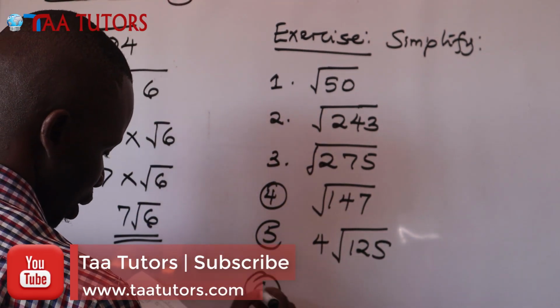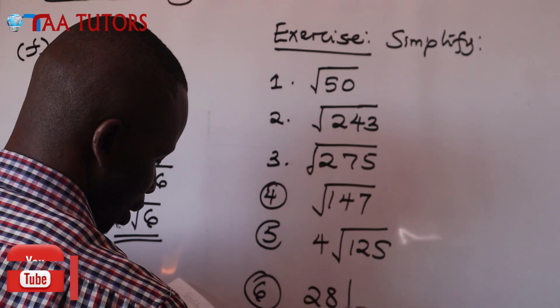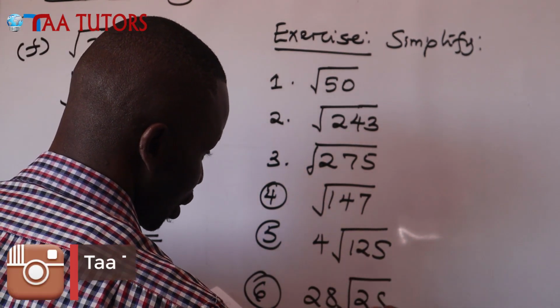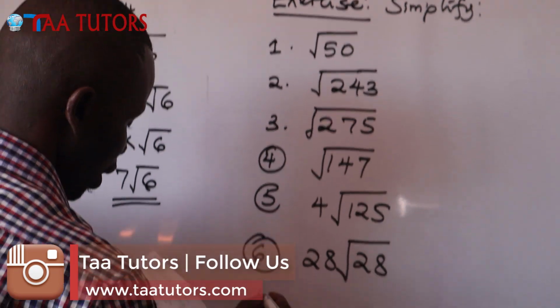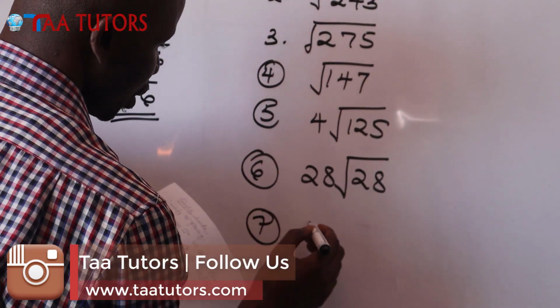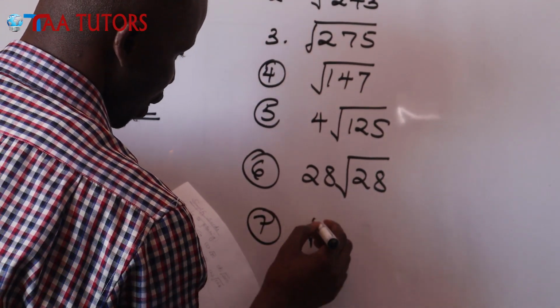And 6 is 28 SAD 28. And finally, number 7 is SAD 180.